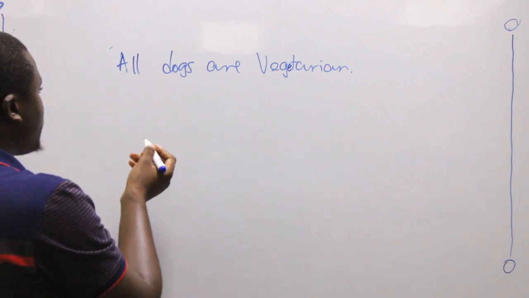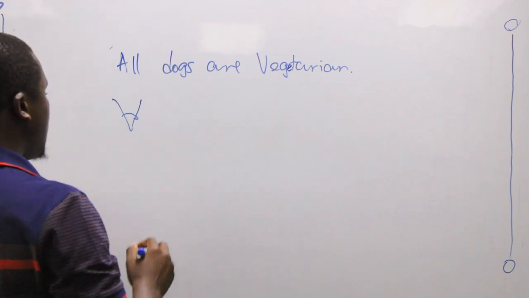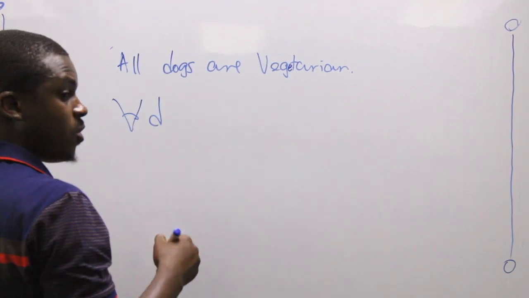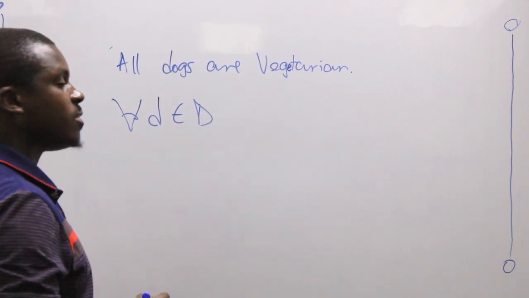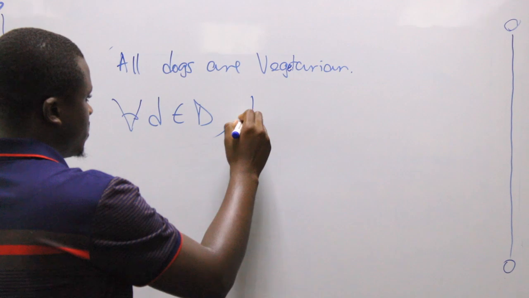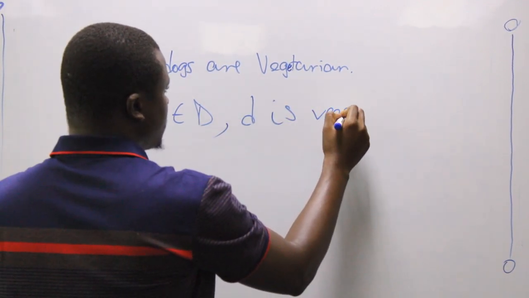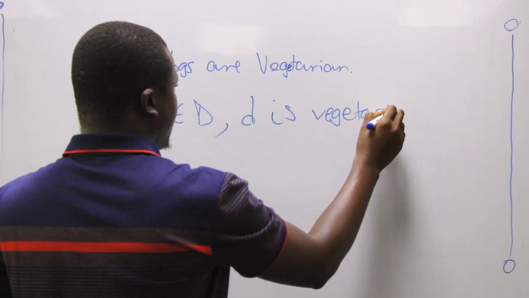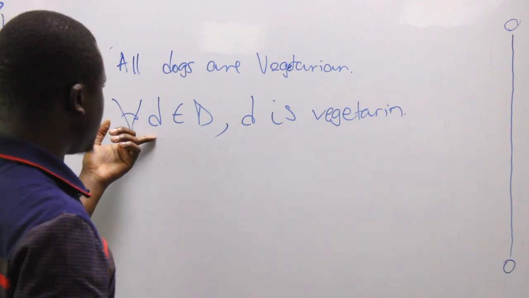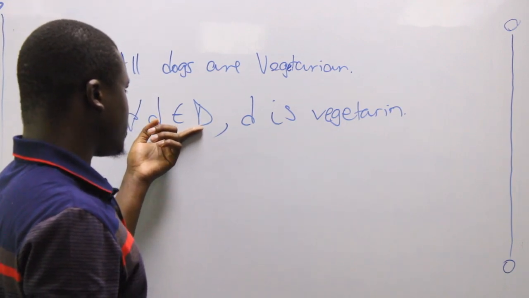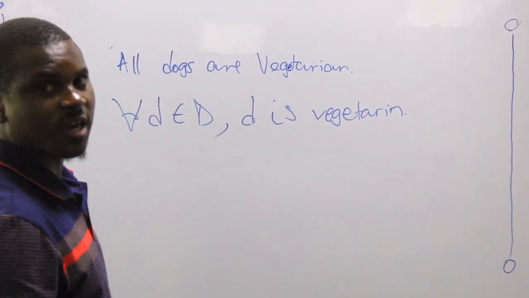So we are just saying for all d, for all dogs in our domain, d is vegetarian.